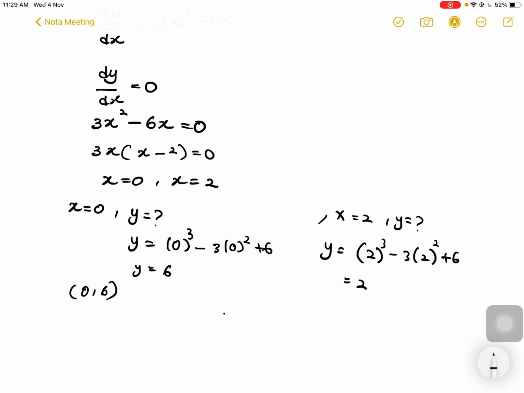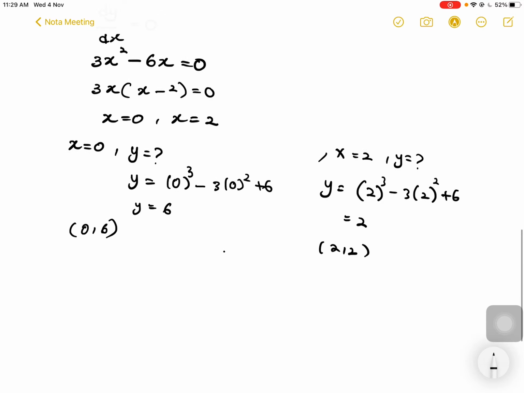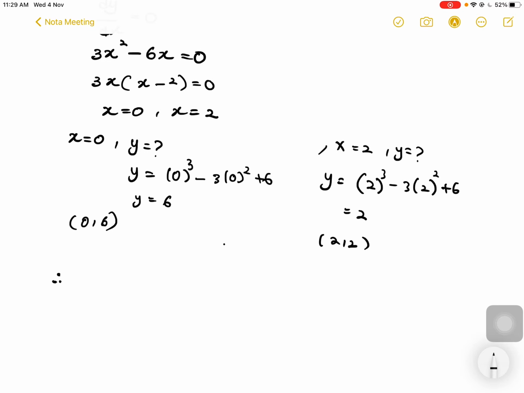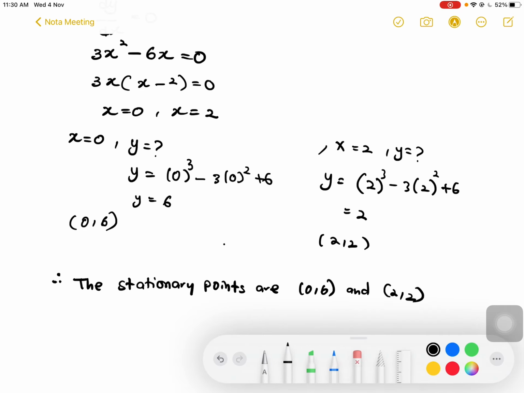So you have your point, and then you have to make a conclusion. Conclusion is important. So the stationary points are (0, 6) and (2, 2).